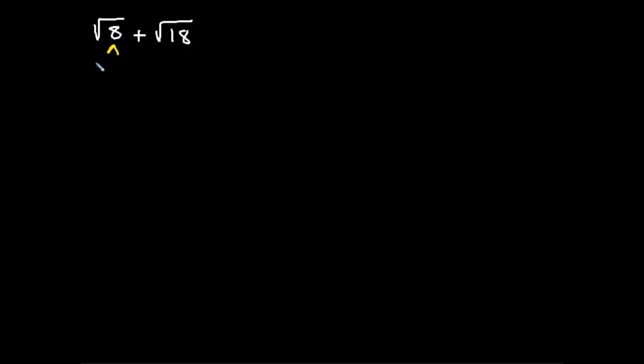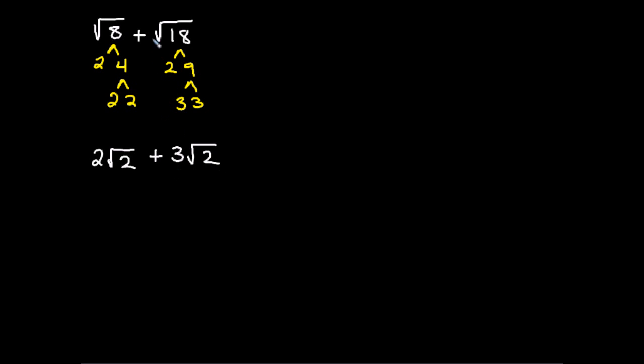So what we do is we factor them first. So the square root of 8 becomes 2 times the square root of 2. And then I factor the 18. And the square root of 18 becomes 3 times the square root of 2. Now they match, and I can add them.